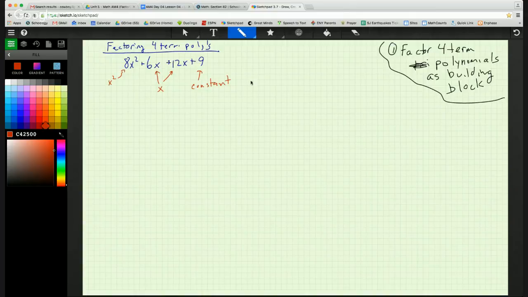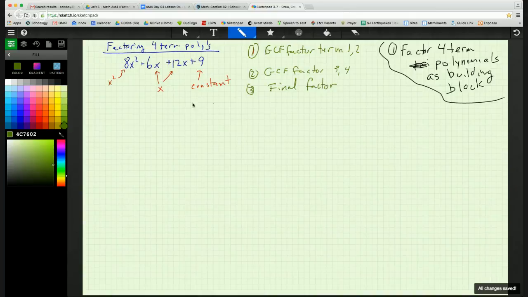And the way that we're going to factor them is twofold. First of all, we're going to GCF factor terms 1 and 2. Then we're going to GCF factor terms 3 and 4. And then we're going to do a final factor. Okay, so let's watch how this works.